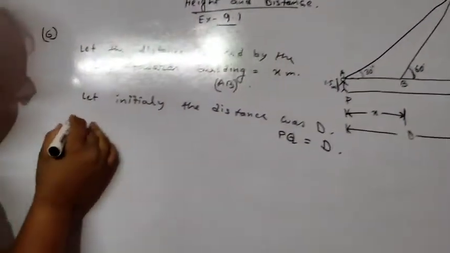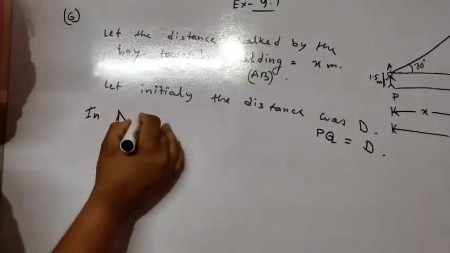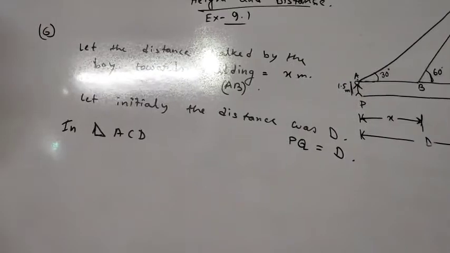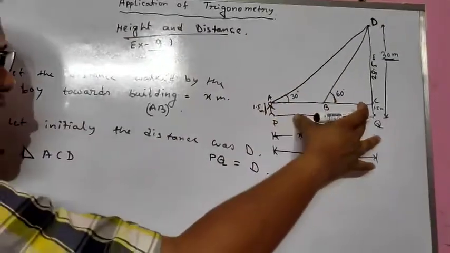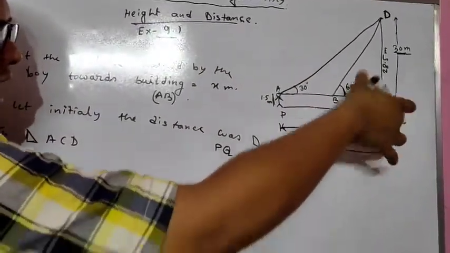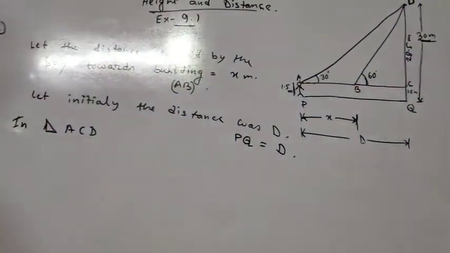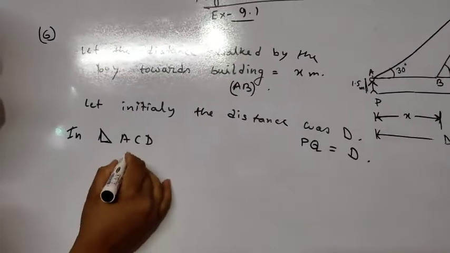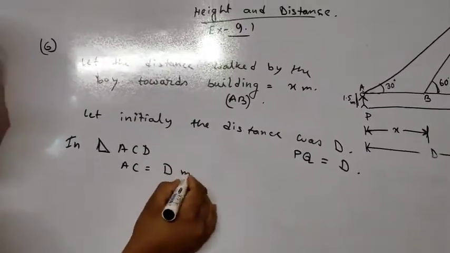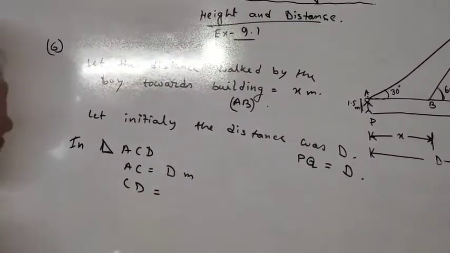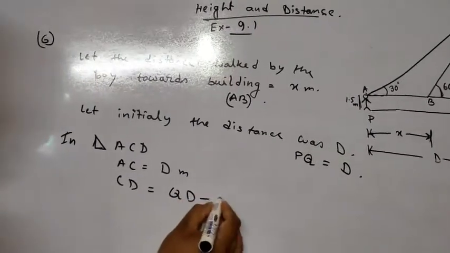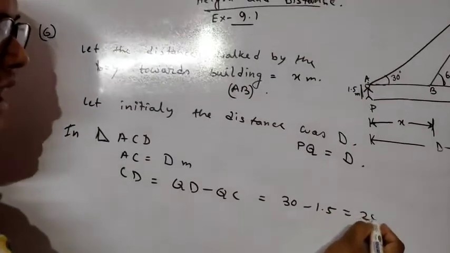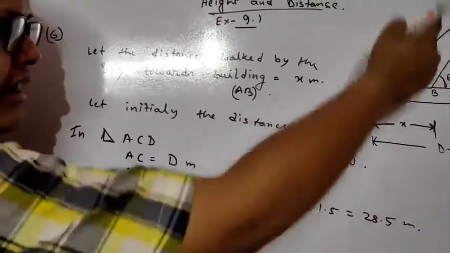Now in triangle ACD, one value is unknown, that is PQ, that is D, and the other value, CD, is known to you. So in triangle ACD, AC equals D meter, and CD, that is QD minus QC, equals 30 minus 1.5, which is 28.5 meter, as we have written in the figure.